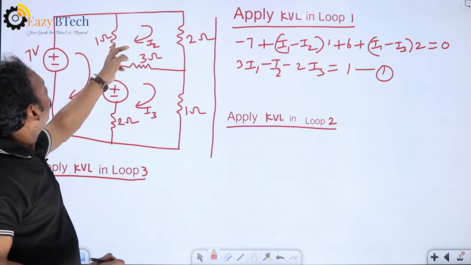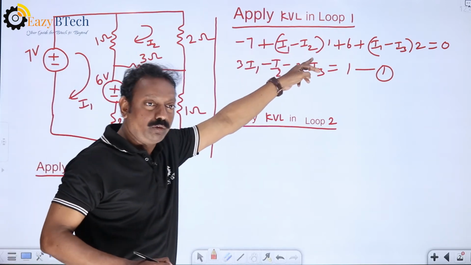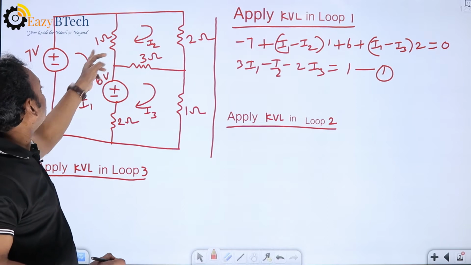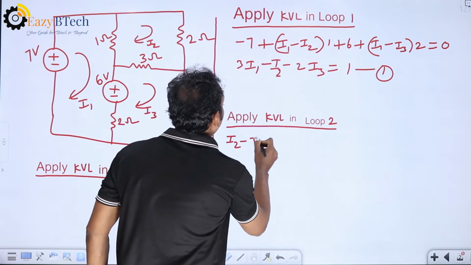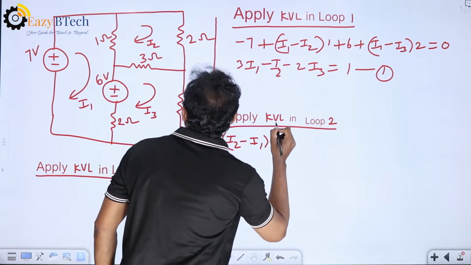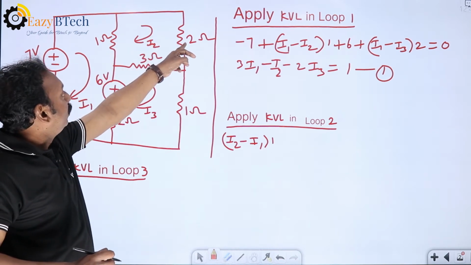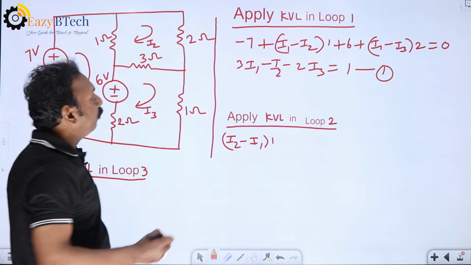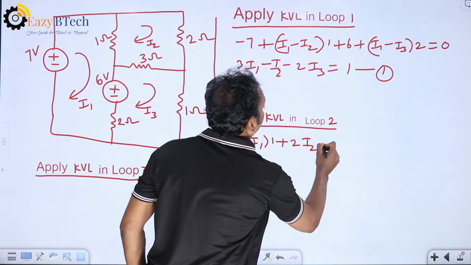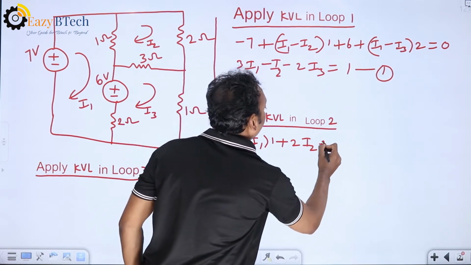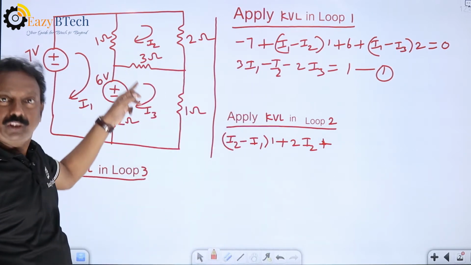How to write the loop 2 equation? The current through the 1 ohm is I2 minus I1. With respect to loop 1, I1 minus I2; with respect to loop 2, I2 minus I1 into 1. That is the voltage across 1 ohm. Now, current through the 2 ohms is I2 only. Therefore, voltage across 2 ohms is plus 2 into I2. Now, this 3 ohms is present between the second loop and third loop.